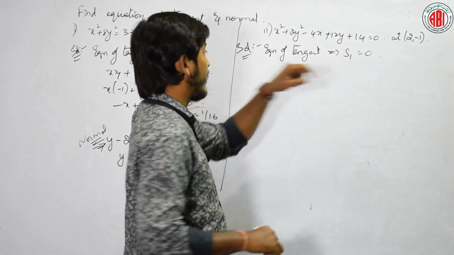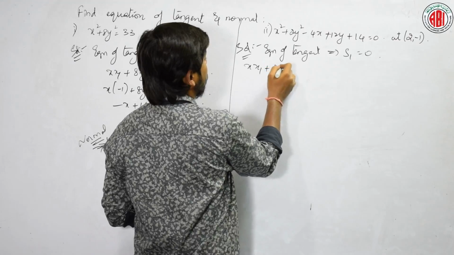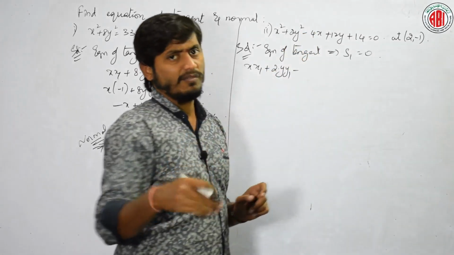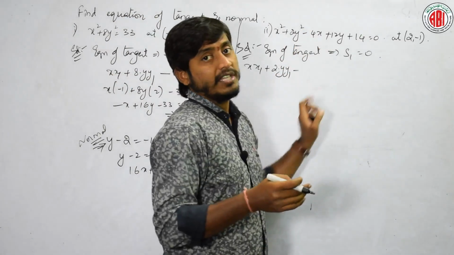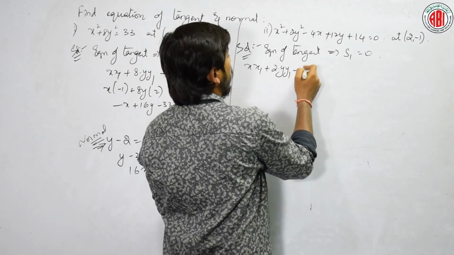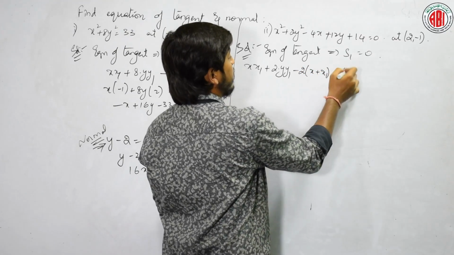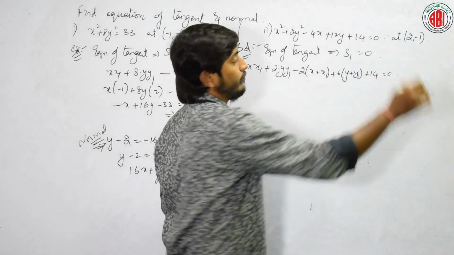Next, equation of tangent here. x x1 plus 2 y y1 minus... here the same thing happens. Whatever we do in a parabola or a circle, here the x coefficient will be half of it. 2 into (x plus x1) plus 6 into (y plus y1) plus 14 equal to 0.